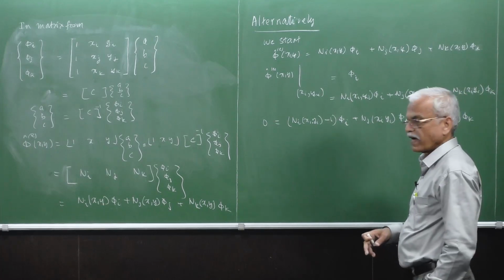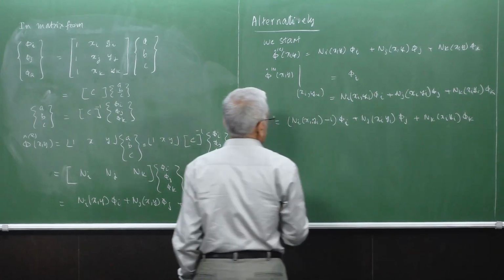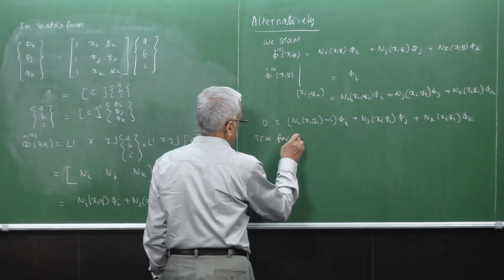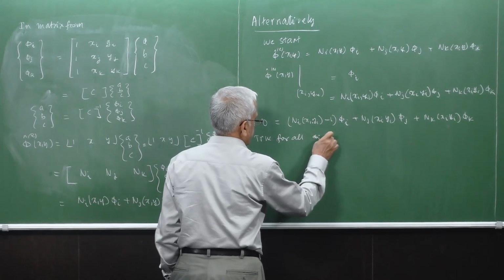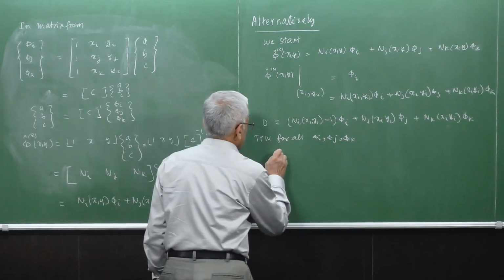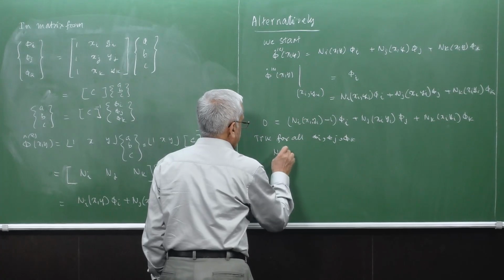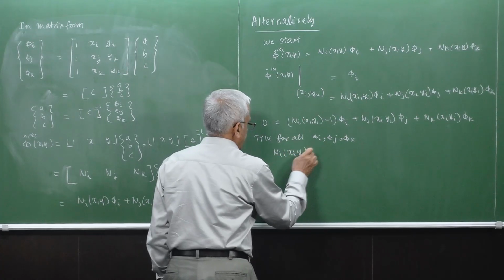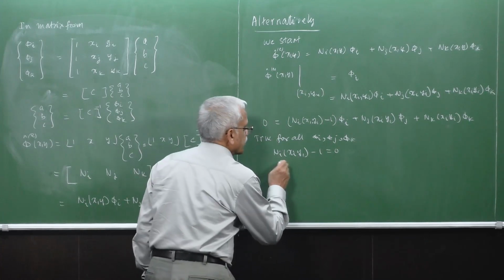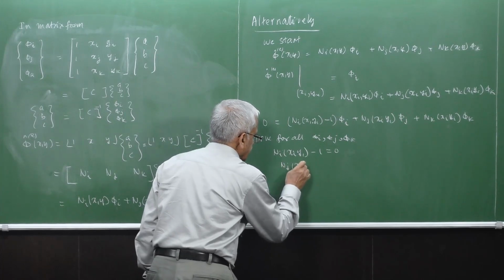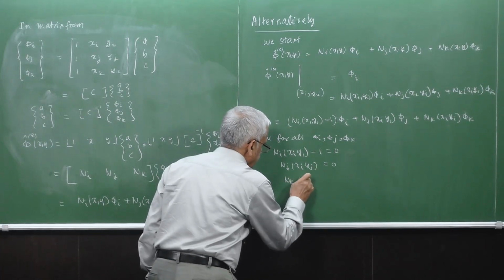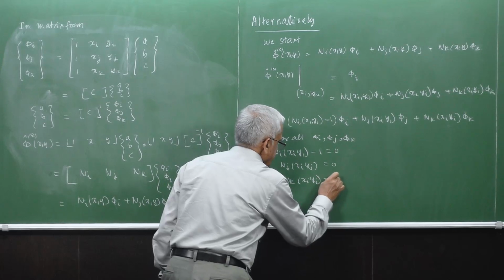If this has to be true for all phi i, phi j, phi k, then each of these things in the bracket must be zero: Ni at xi yi minus 1 is 0, Nj at xi yi is 0, and Nk at xi yi is 0.